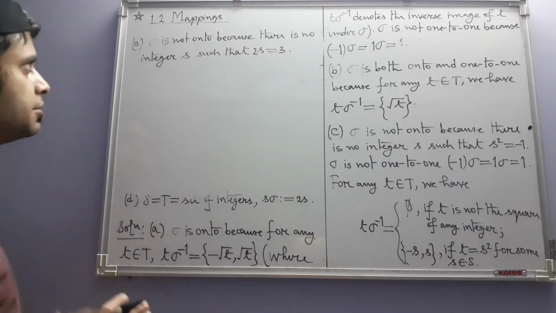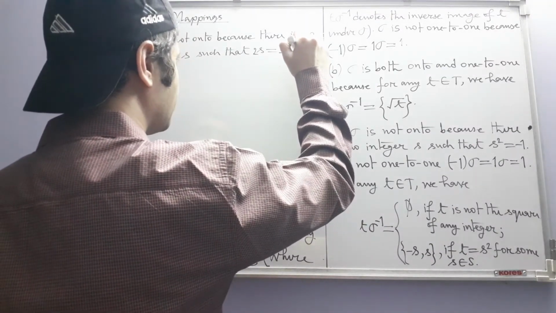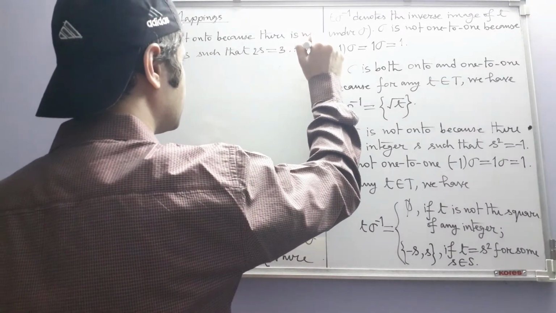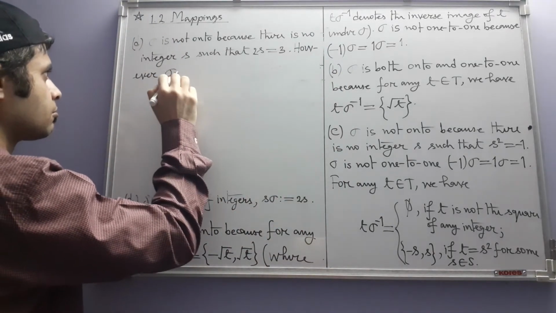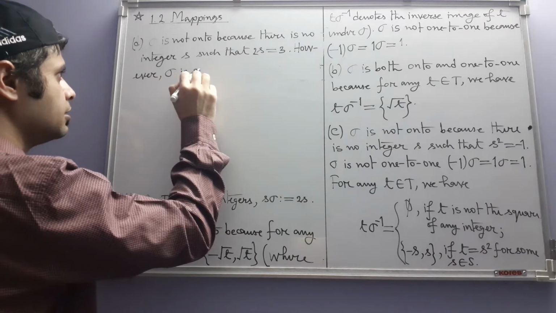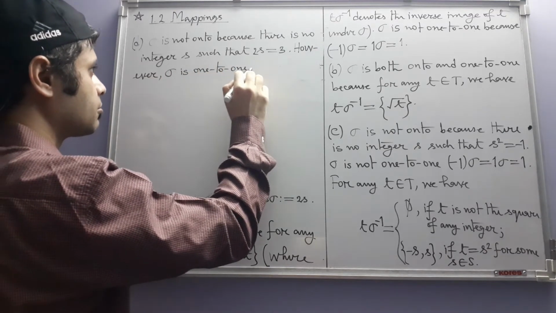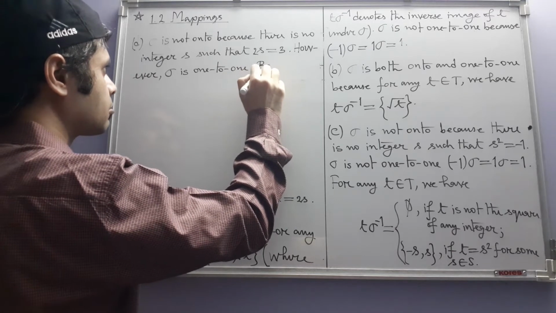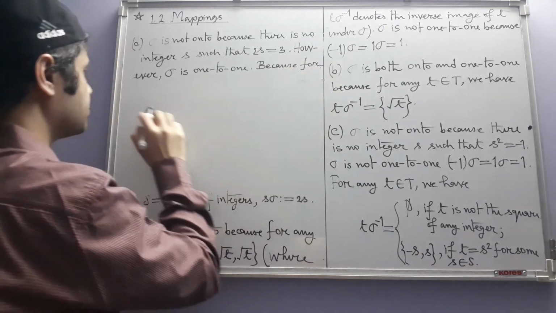So that's why sigma is not onto. However, sigma is one-to-one.